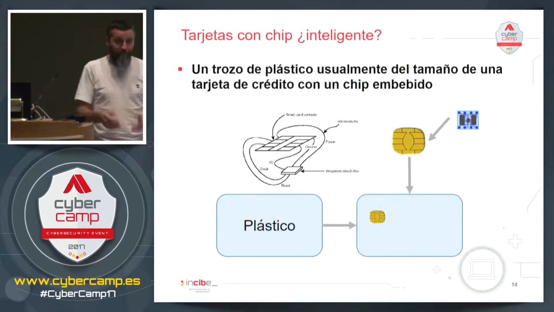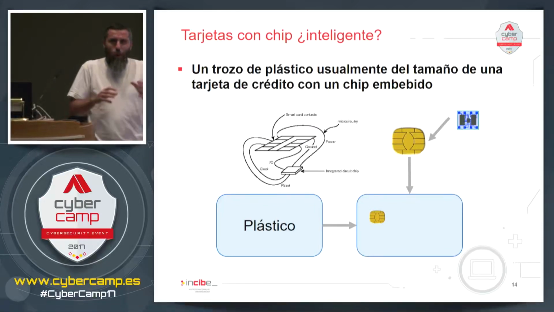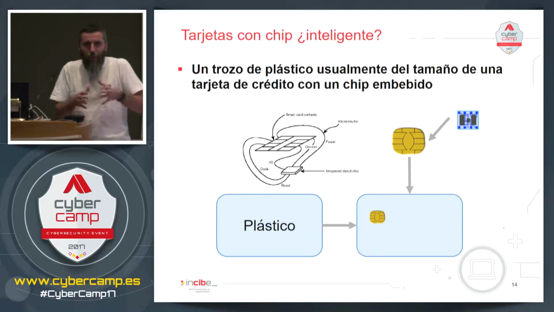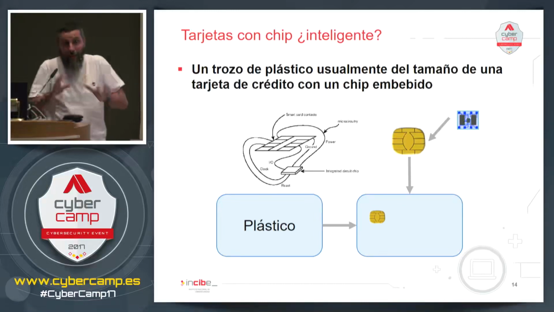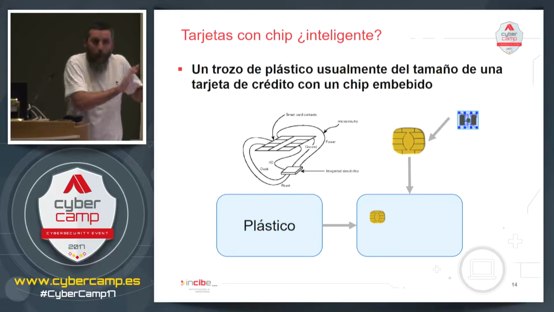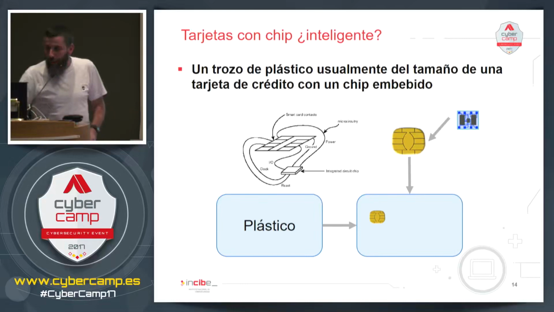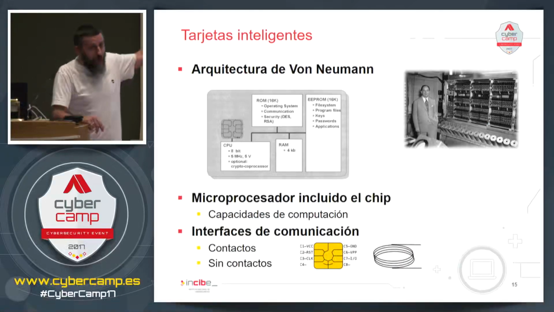What's a smart card? I define it as the following. There are probably more technical definitions, but it is a bit of plastic. Usually this plastic has an embedded chip, and this embedded chip gives the card smartness, or not, because it may be an embedded chip that isn't smart. What does this chip look like?